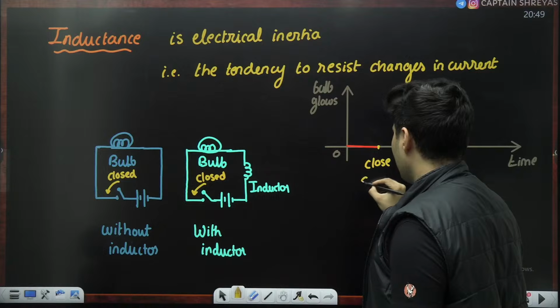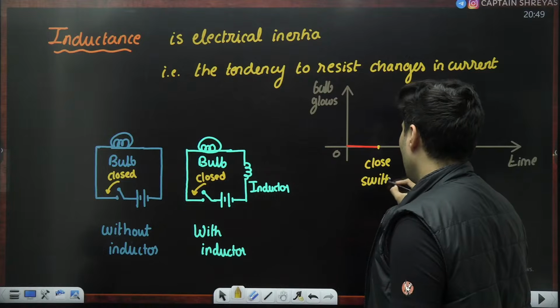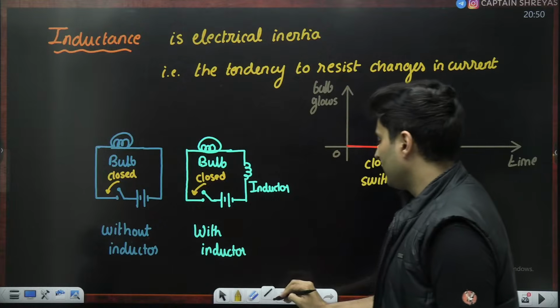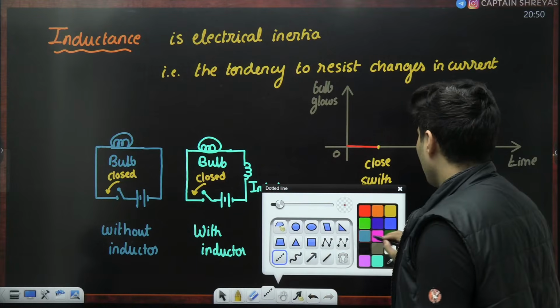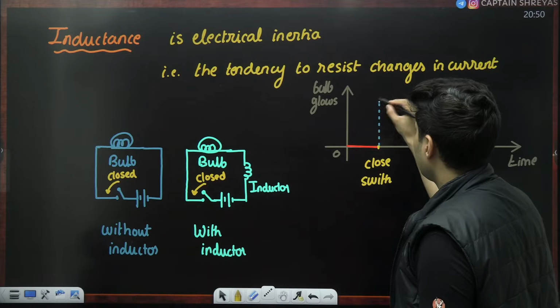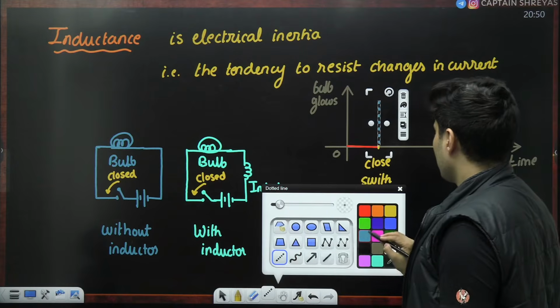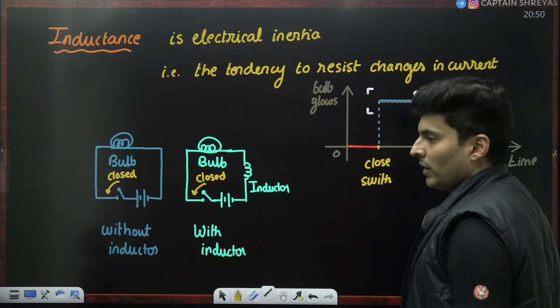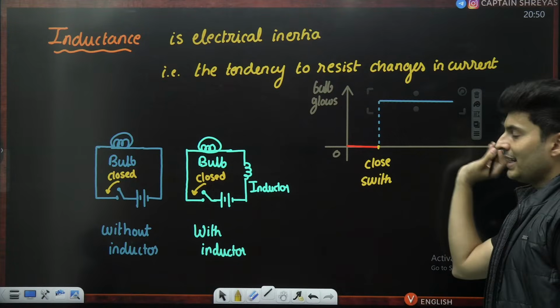The moment you close the switch, in the circuit where there is no inductor, you will see that the brightness will increase immediately, within no time, and the bulb is on. It will be on instantly.